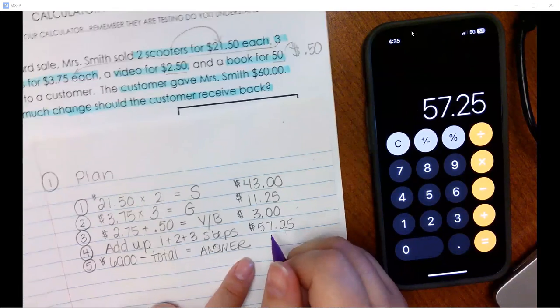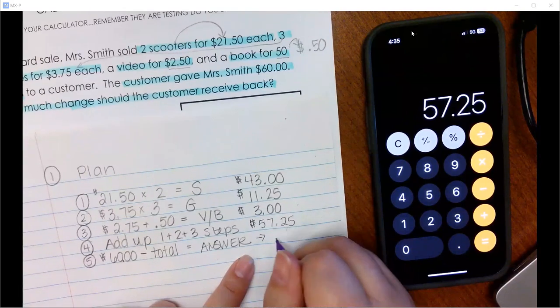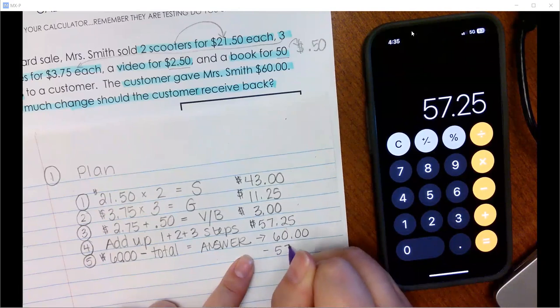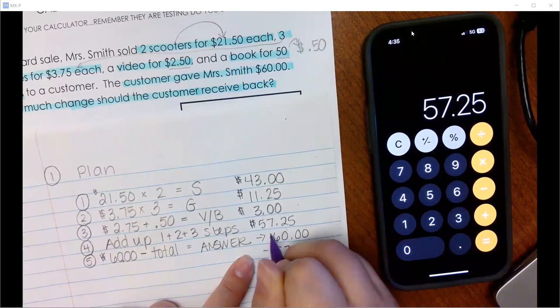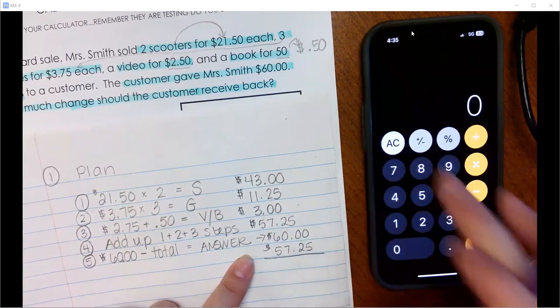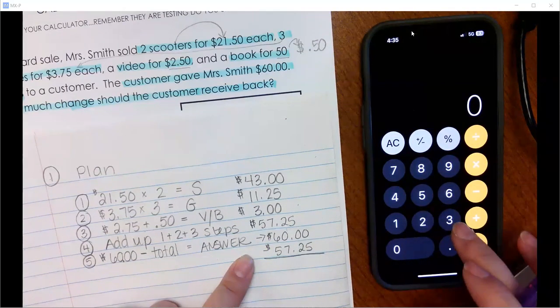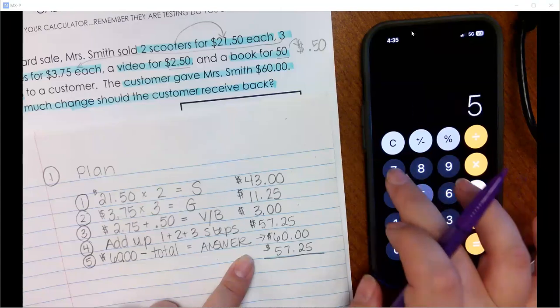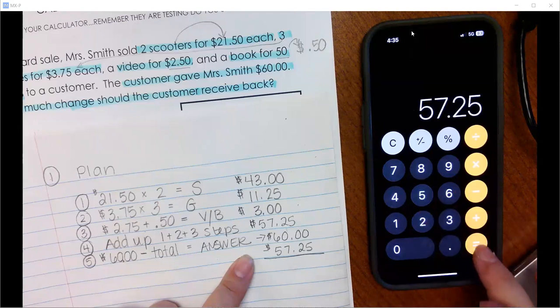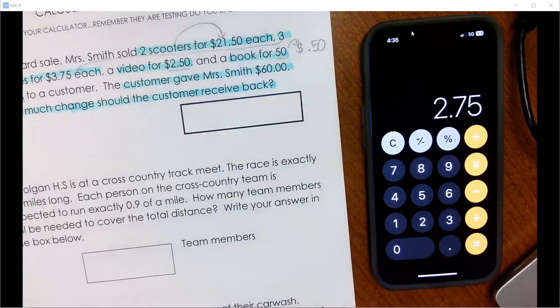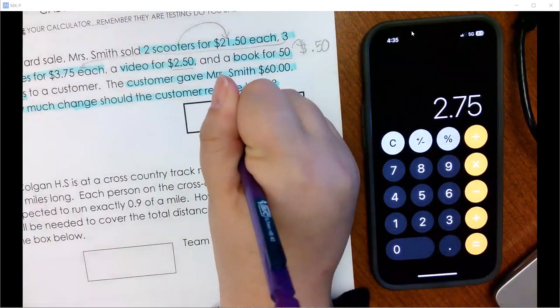So step 5 tells me that I am going to take $60 minus $57.25. And that's going to give me how much change to give back. So $60 minus $57.25. So the change back is $2.75.